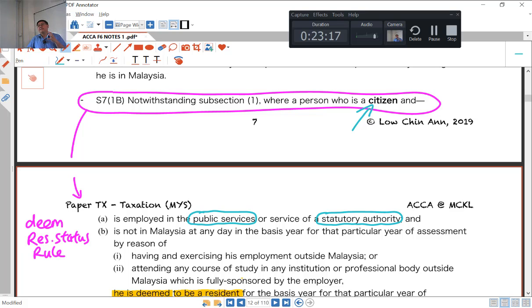Let's say, for example, you work for University Malaya, a public university. Who owns University Malaya? Technically it's the Malaysian government, it belongs to our country, correct or not?